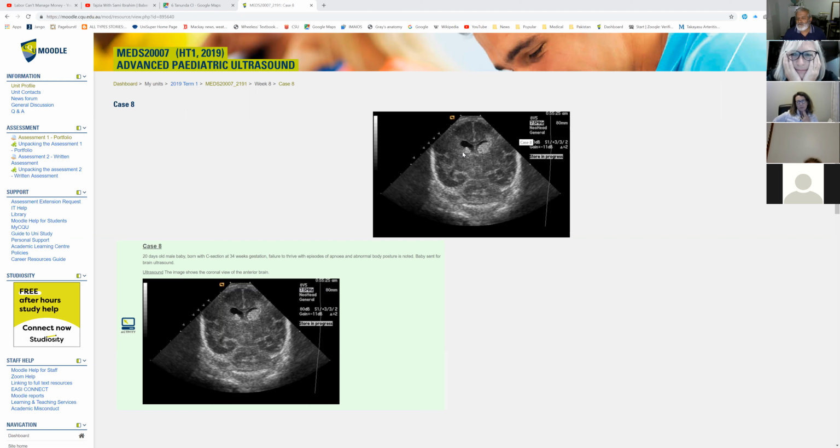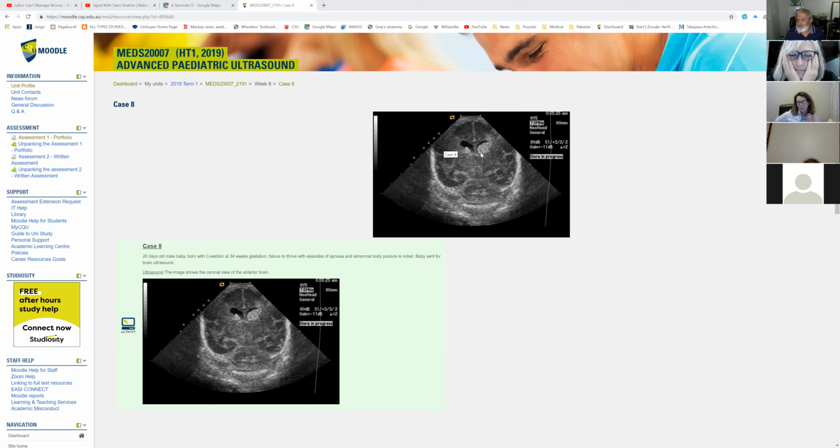So whenever you're called in to do a brain ultrasound on a premature, this view is the one you take, and you have to show if there is any hemorrhage and grade that as well.